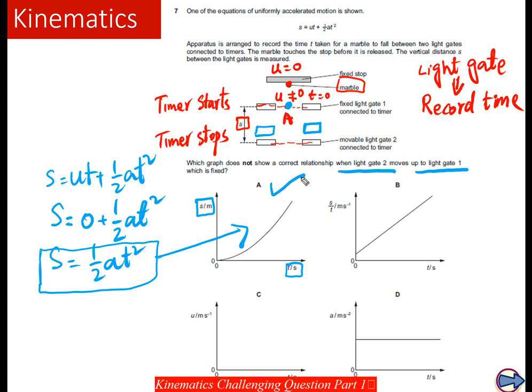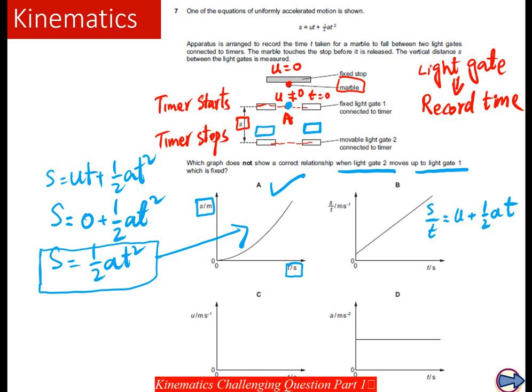This is possible. Now the second one, for example, from the same equation: if we divide both sides by t, what will we get? Here will be u, and here we get 1 half a t. So we can say S over t is equal to u plus 1 half a times t.